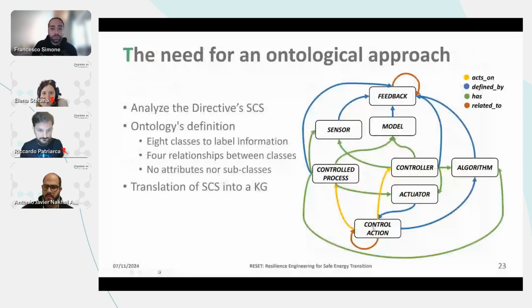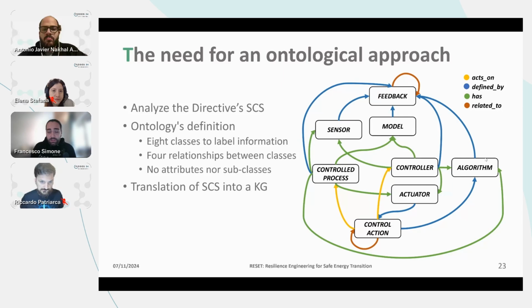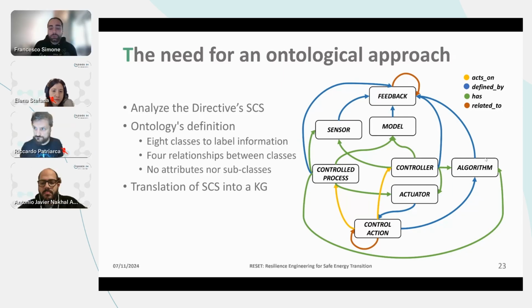Then an agent could be a controller or a controlled process, as Antonio said before. And then this feedback or control action could be transferred by sensors and actuators, or the controller could develop its control action through a control algorithm, and through the idea it has of the controlled process, so the block named the model here.